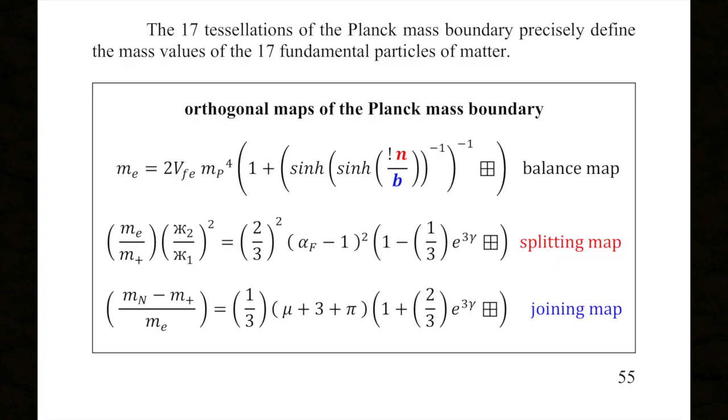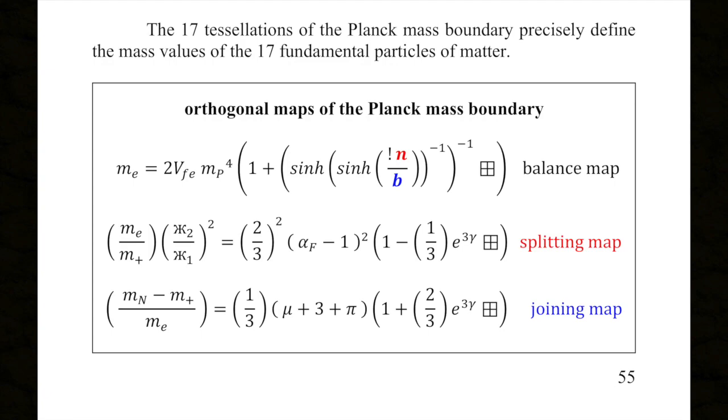We've got the charge boundary defining the charge partitions that show up in reality and the constructive arrangements between all the available ones. We have the mass boundary perfectly and ideally arranging itself into the mass of the electron, and that construction is tearing itself apart in two orthogonal ways, in square division or a splitting map, and that splitting is also in another orthogonal way coming together because the whole thing's closed.